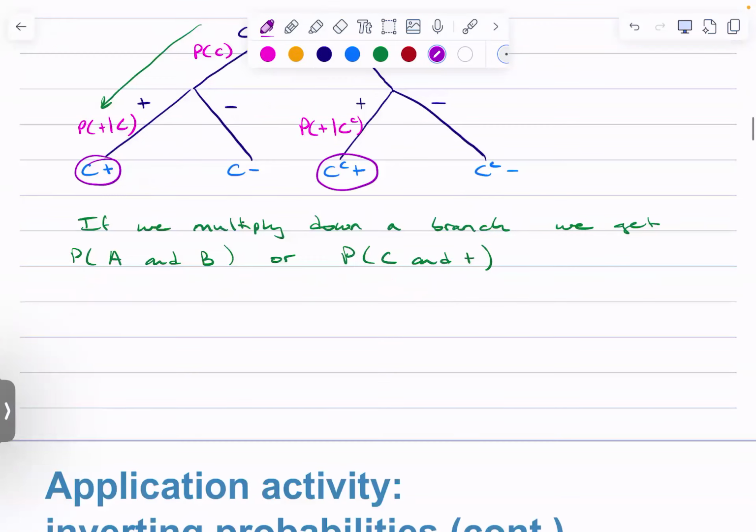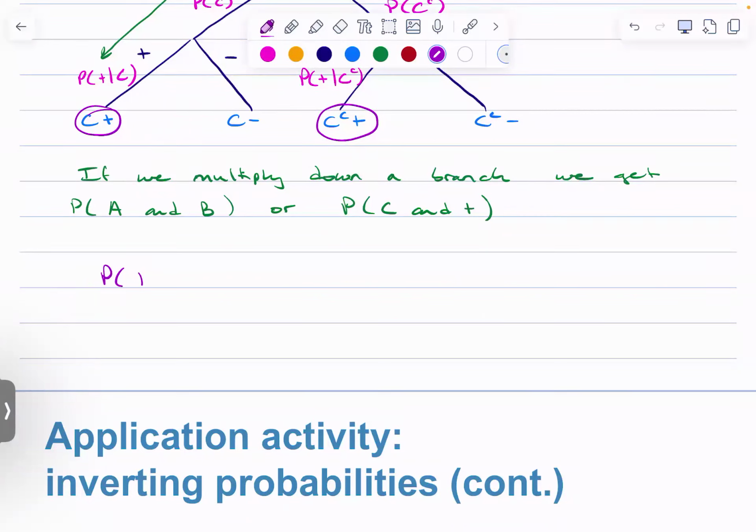And so the probability of a positive test is the probability of having cancer and testing positive. Or, right, whenever you're saying or, you're going to be adding these probabilities, right? Or the probability of not cancer and testing positive, right? And so here, if you say or, it results in addition.